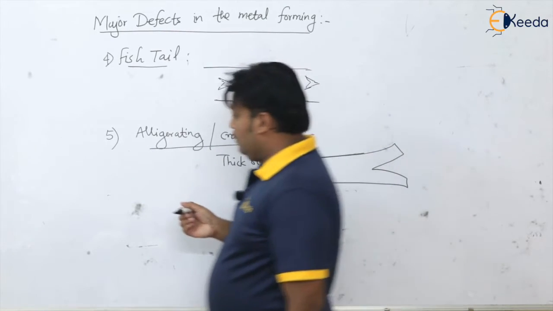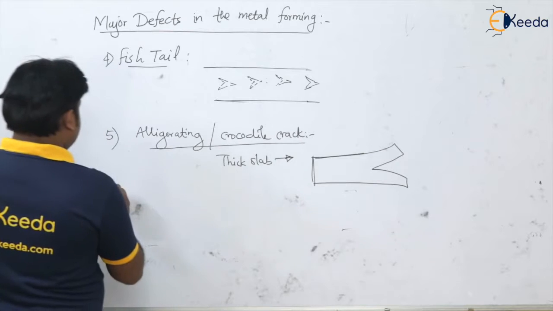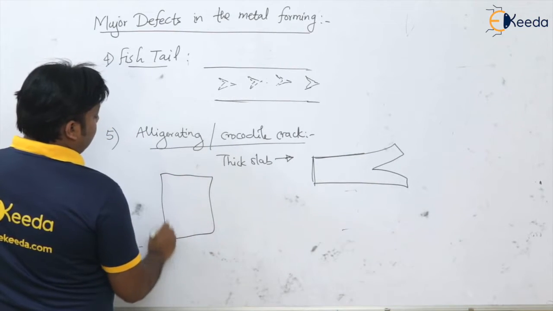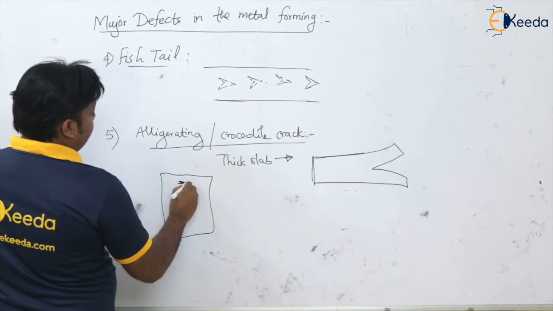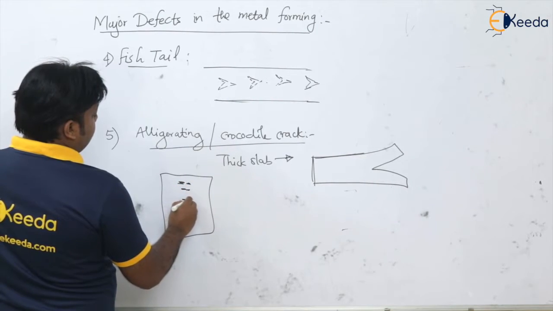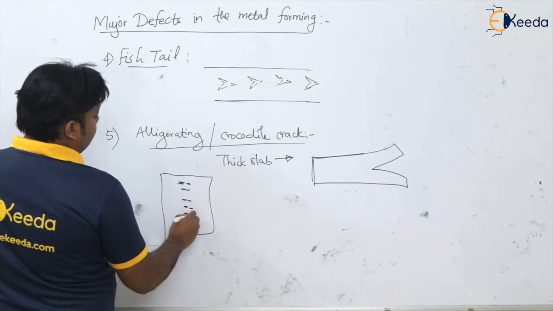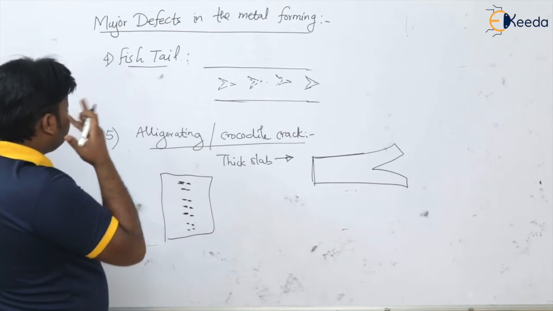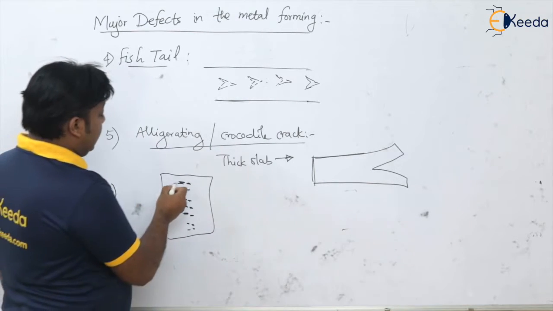Now if you talk about zipper teeth, say this is a rolled part, we have marks on the rolling sheet or such kind of cracks.